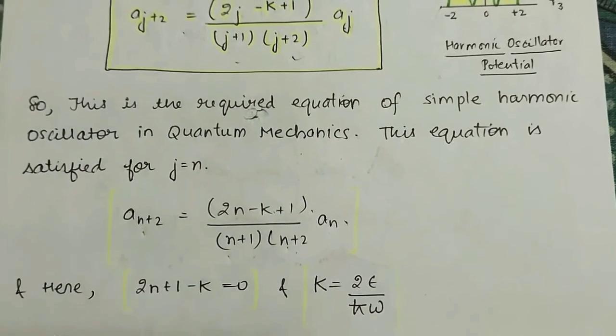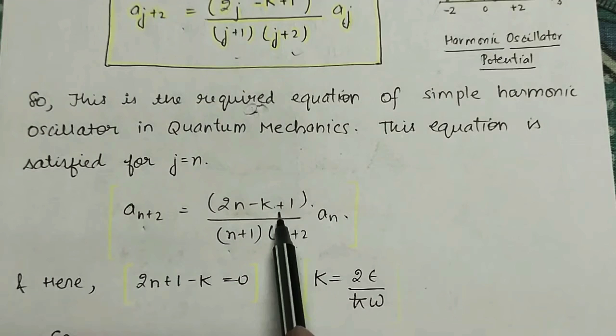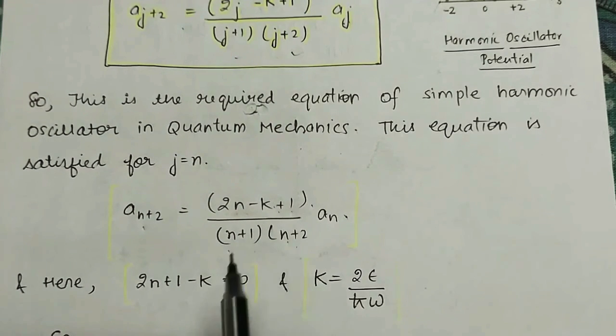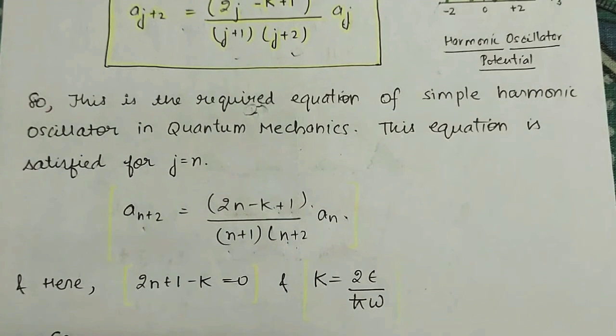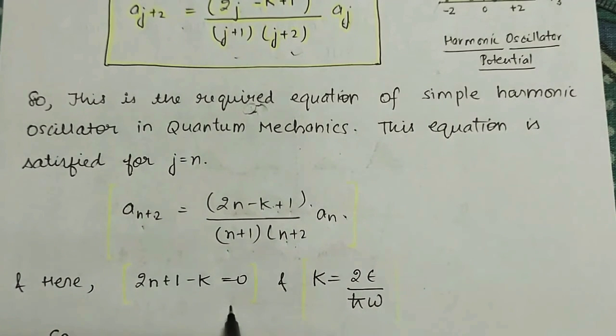Now 2n minus k plus 1 equals 0. Ultimately we have to find the zero point energy of the oscillator, so if this expression is equal to 0, then we have to find the value for n.